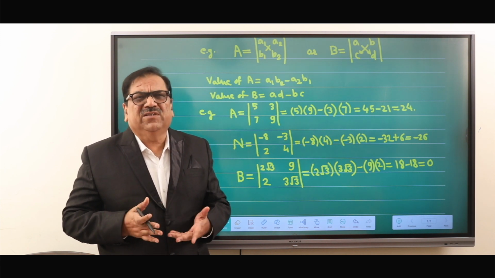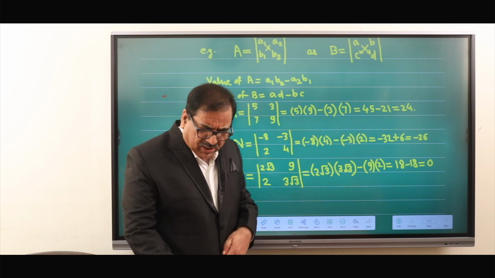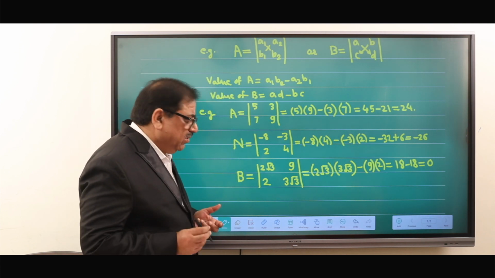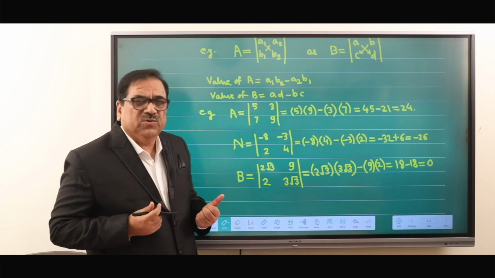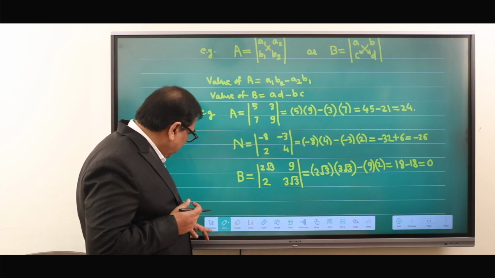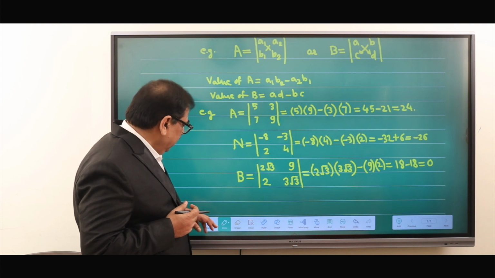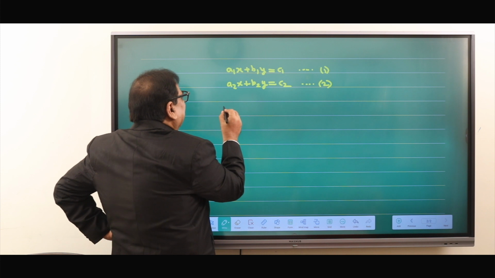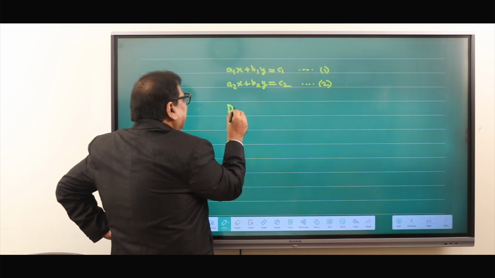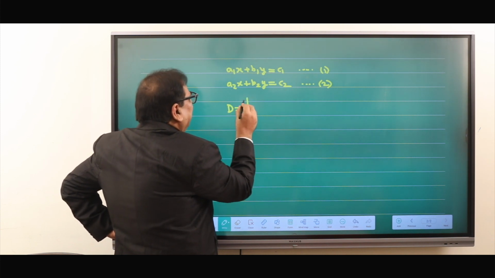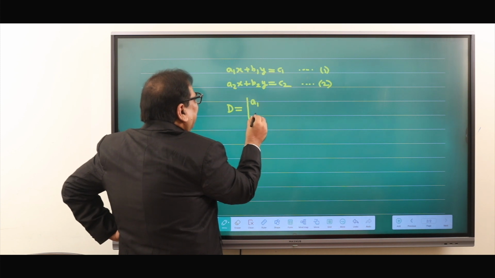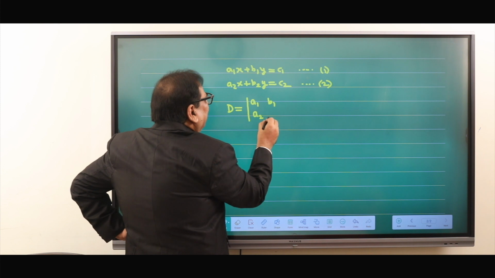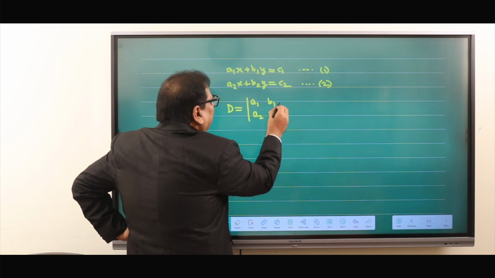That is very simple, because actually we are doing the same when we are solving simultaneous equations. We are doing the same thing. So let us start how to solve simultaneous equations. If these are two simultaneous equations, then D is equal to determinant A1, A2 and B1, B2.